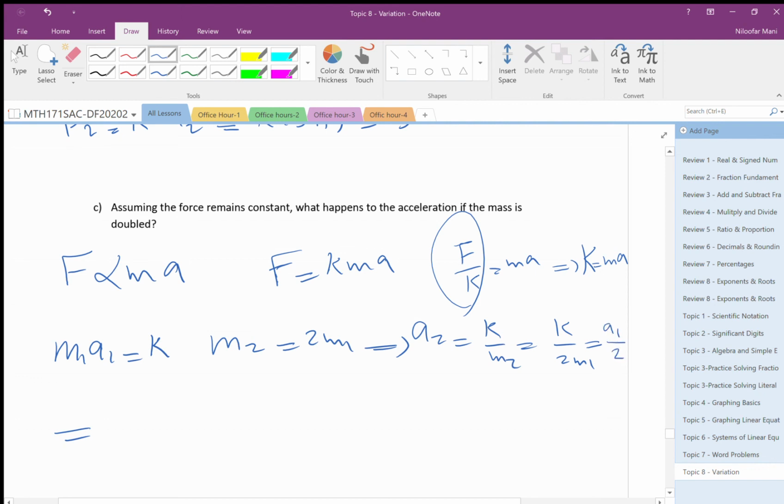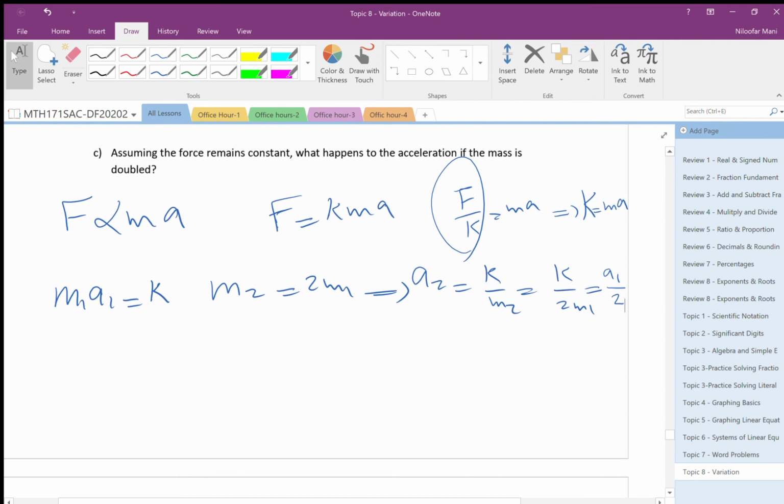Okay, so mass is doubled, acceleration is divided by 2. Acceleration is cut in half. Okay, so this is mathematically, but if you want to do it just with the formula, you can say this. K is MA, K is MA, okay?